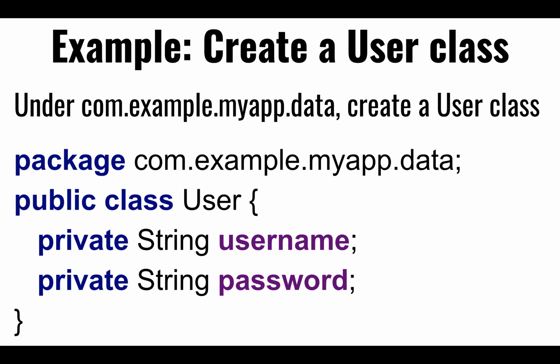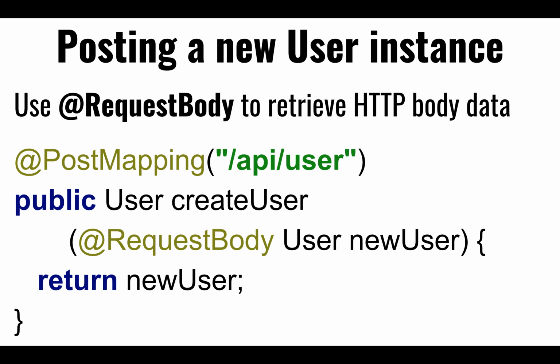To use post, you would use the decorator post mapping as opposed to get mapping, as you would expect. So this /API/user would presumably be expecting something that you would pass along as information in the body of the HTTP request.